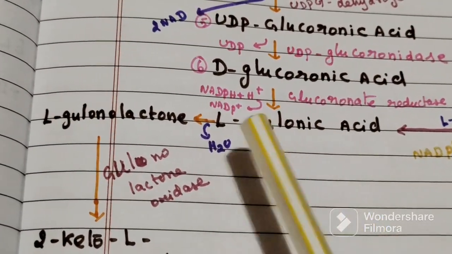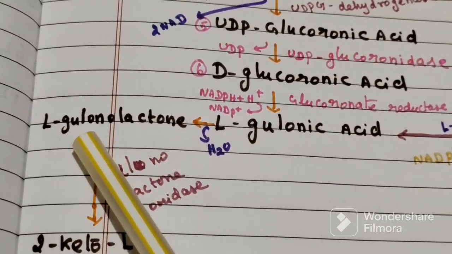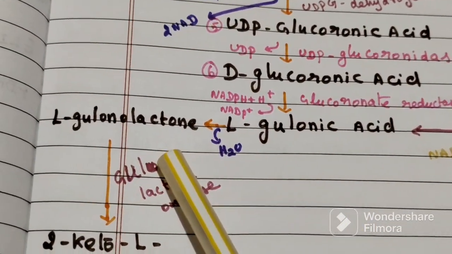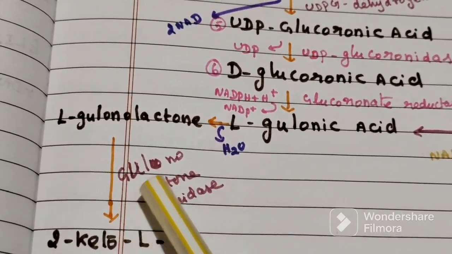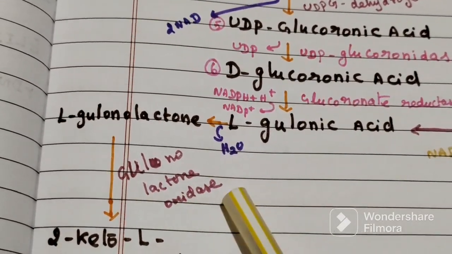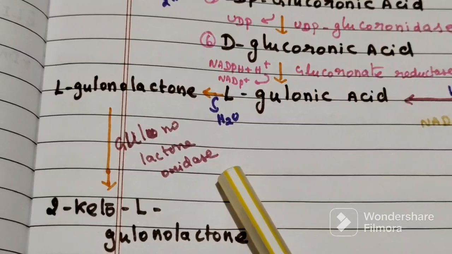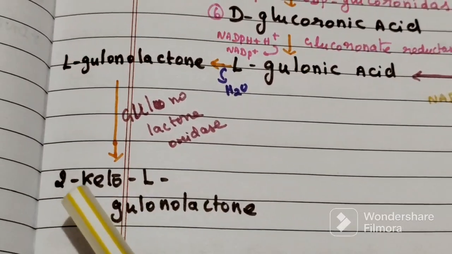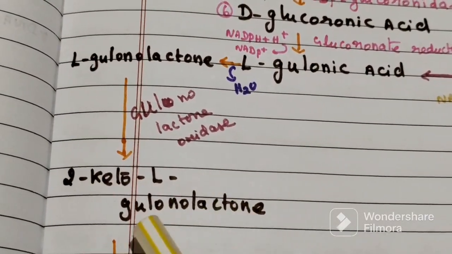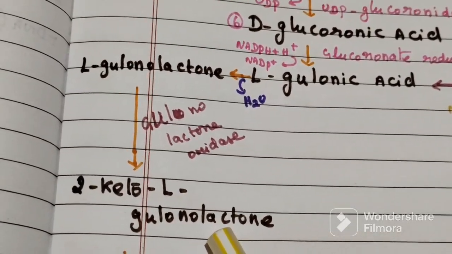In lower animals, this L-gulonic acid is first converted into L-gulonolactone by the enzyme gulonolactone oxidase. Then it will be converted into 2-keto L-gulonolactone.